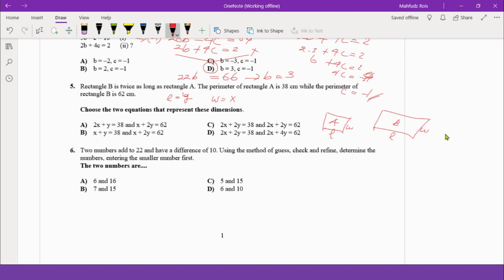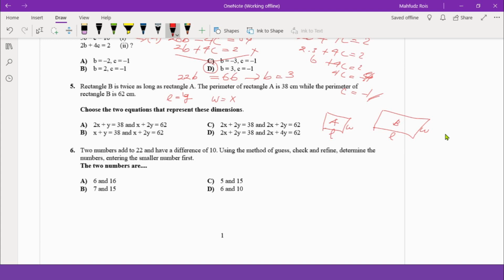Perimeter means this is y, x, right? So the perimeter should be 2 lengths plus 2 widths equals 38. And this one also 2 lengths plus 2 widths equals 62.